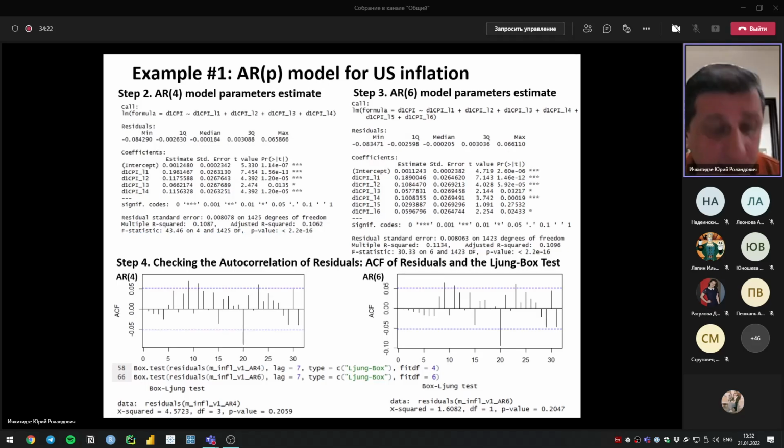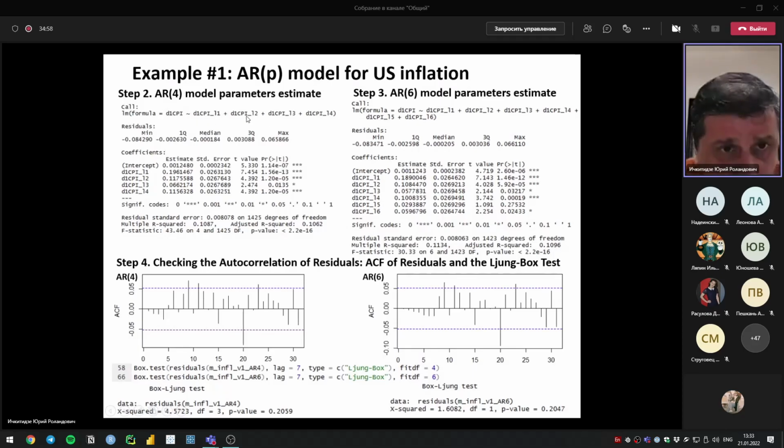So the next step is to estimate the parameters of the AR4 model. This is our base model, which we defined on the previous slide using PACF. Here we call the linear model function, LM. And here we have a formula: the first CPI difference, that is our inflation, is a function of four regressors.